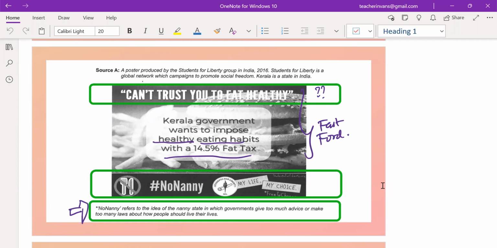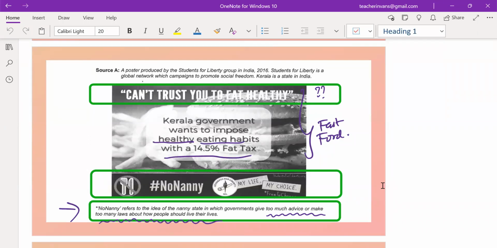So no nanny here, please be very careful. In the O-level, take note of specific things. Take note of, for example, the description below the sources itself. No nanny refers to living in a government that is giving too much advice or making too many laws that sort of cripple a person's life. So take note about that.